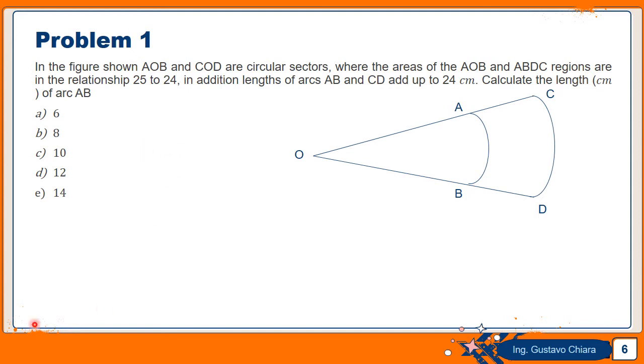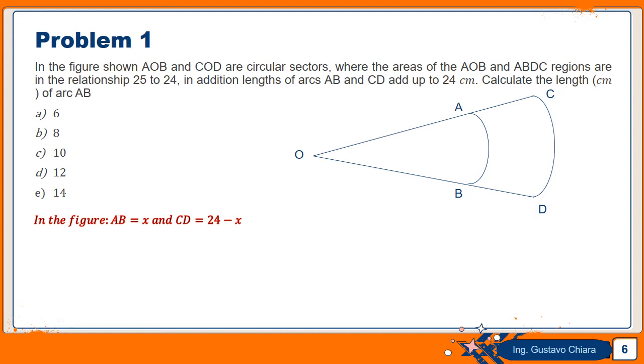So firstly, using the condition, we can see that in the picture the arc AB plus the arc CD is equal to 24. So in that case, we can write that the arc AB is equal to x and the arc CD is equal to 24 minus x.